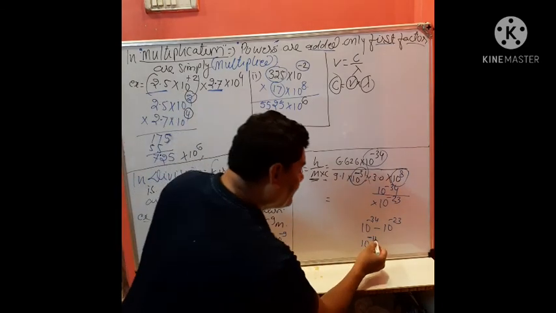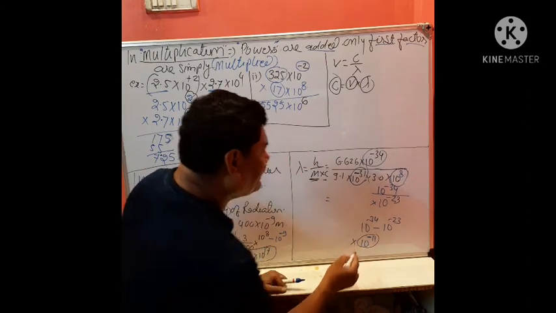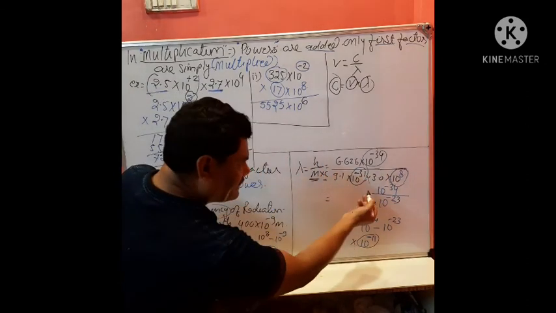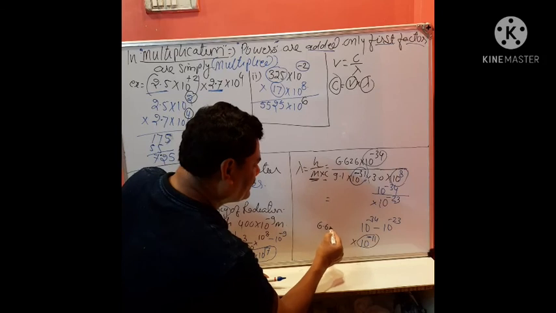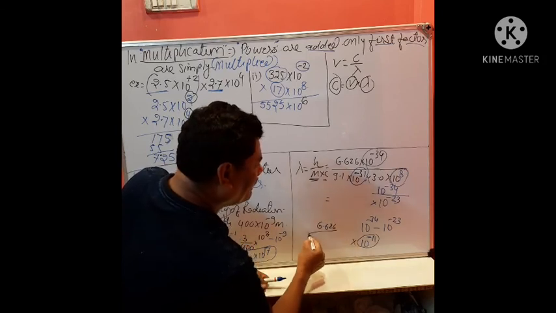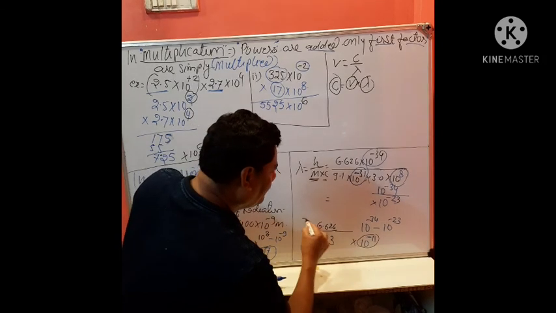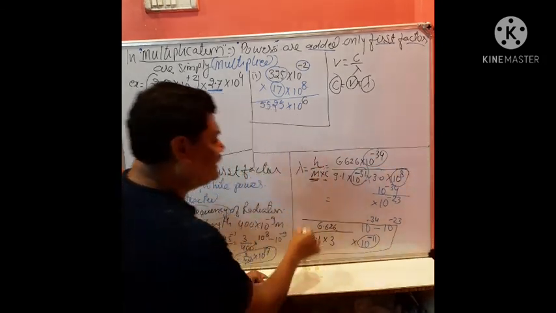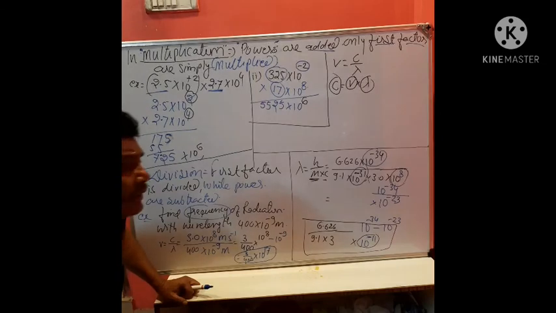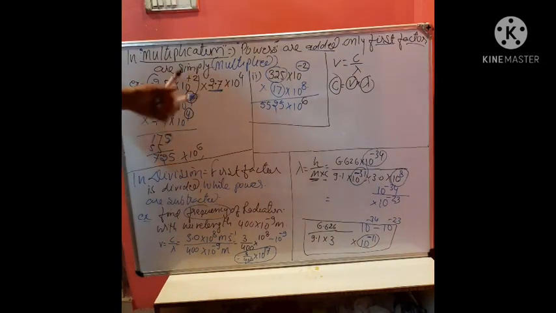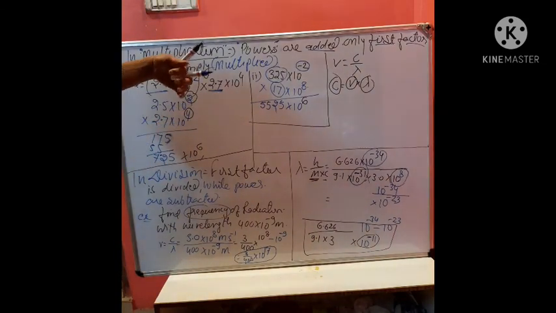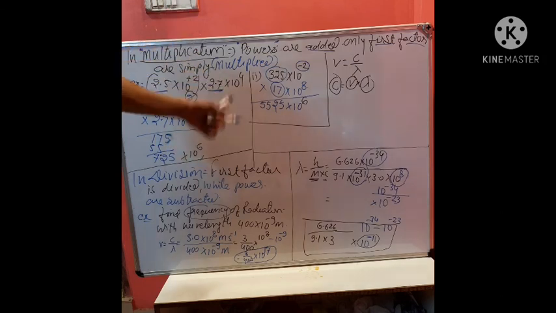In this way we can get the answer, and the rest of the thing can be solved very easily by placing 6.626 divided by 9.1 into 3. This will be your answer. So in this way you can solve the question. So you have to do a lot of practice to work on scientific notation.